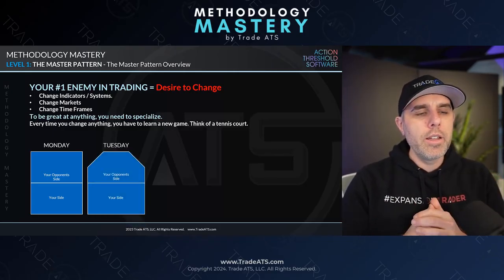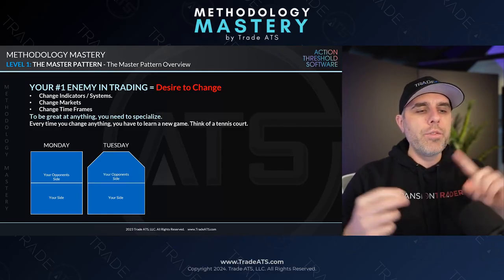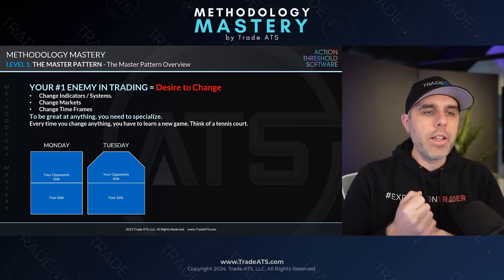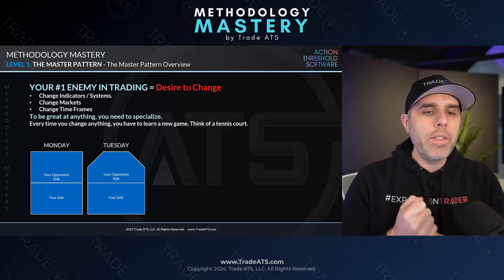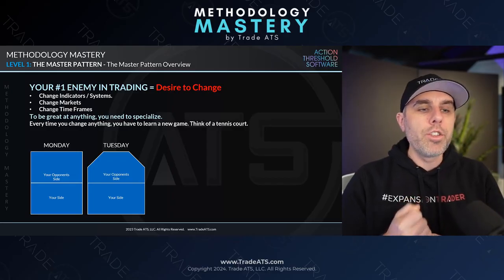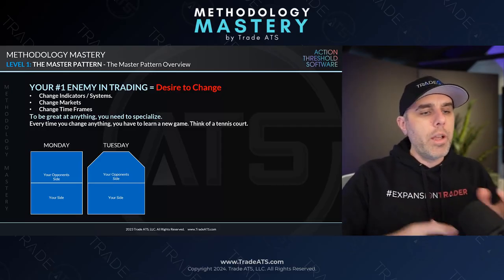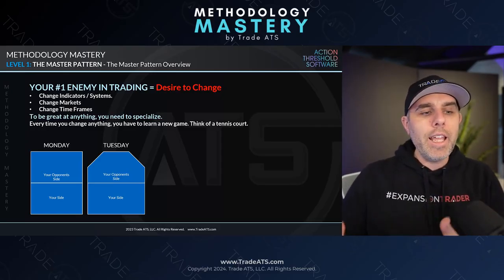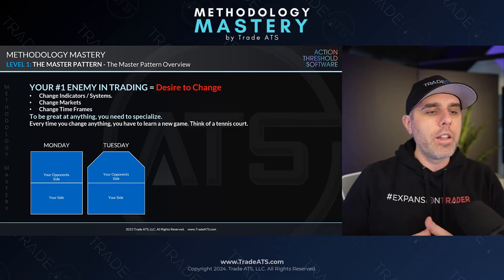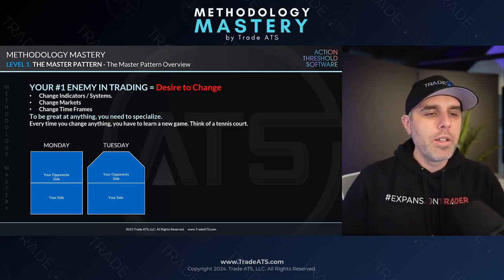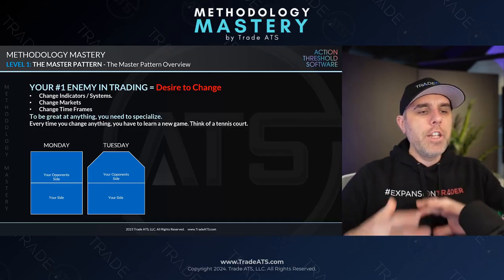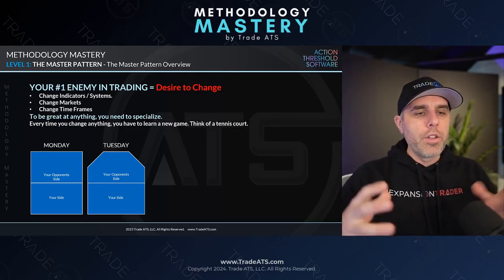Come Tuesday, if you've changed your methodology, you've changed your time frames, changed your indicators, changed anything like that, you have made the game more difficult now because the progress you made on Monday does not quite fully apply to Tuesday. So it's likened to changing your opponent's side of the court. Now it's easier for you to hit the ball out of bounds, right? You're changing the structure of the court.